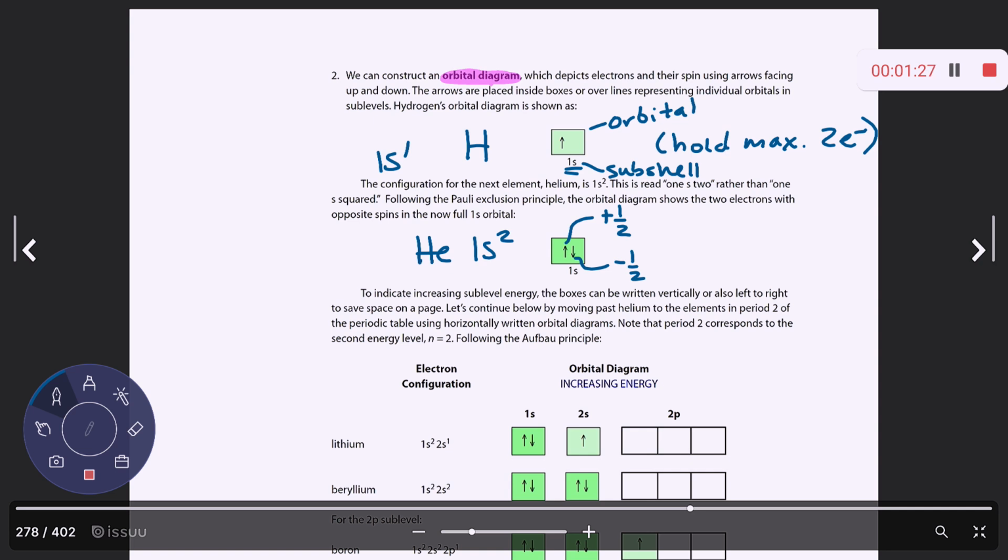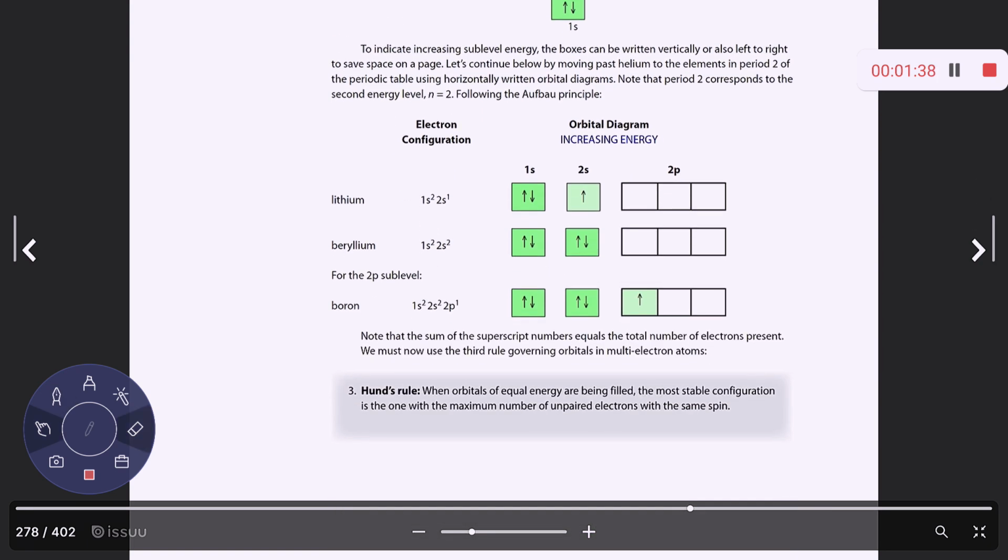Okay? Then as you move on from there, if you're looking at lithium, which goes into 2s because it's got a total of 3 electrons. So down here they're showing you that this is my electron configuration for lithium. Here is my 1s orbital. Here is my 2s orbital. You will always draw 1 box for each s.